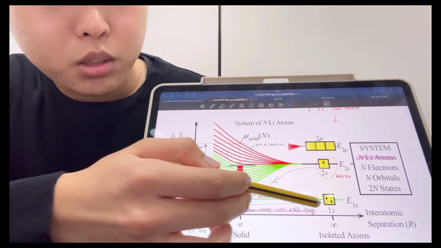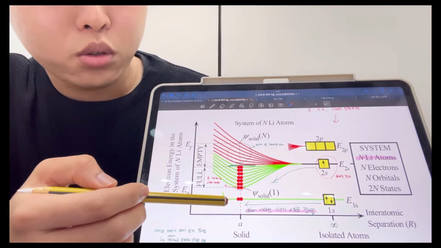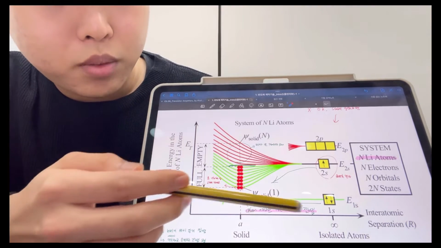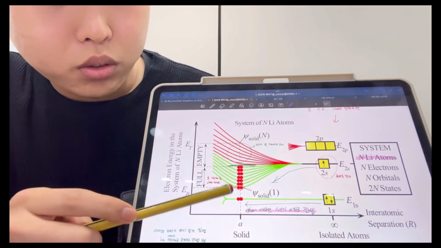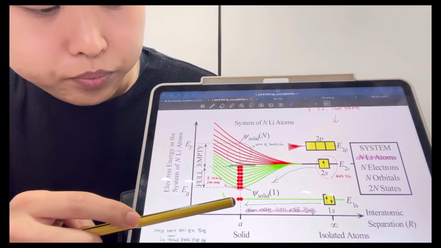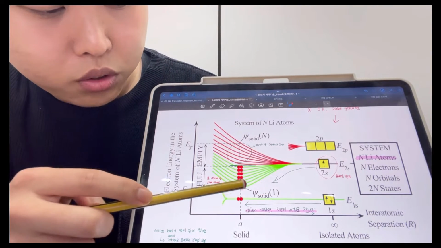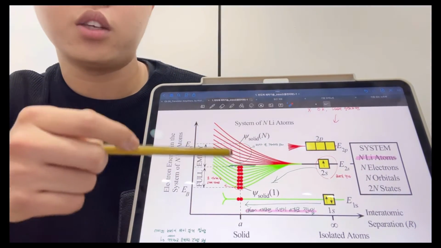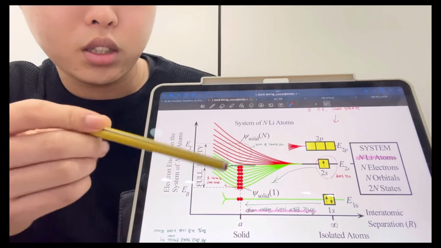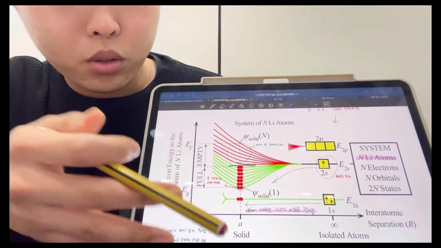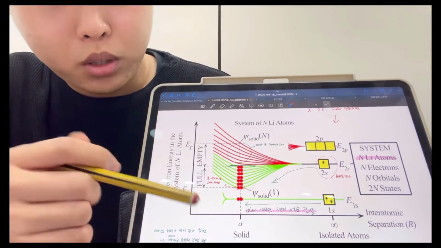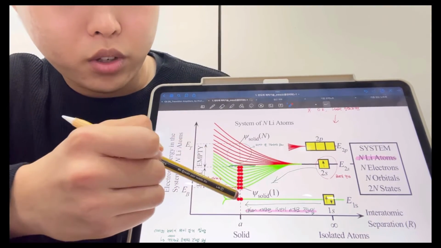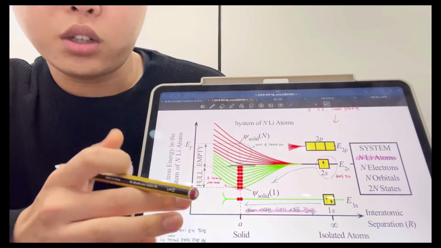Every state splits into n states, which means the n states get divided here. So there will be 2 electrons, and at some point in the green line there will be no electrons. I'm going to talk about it in the next slide, but to give you a small clue, this will be the valence band, and here will be the conduction band.